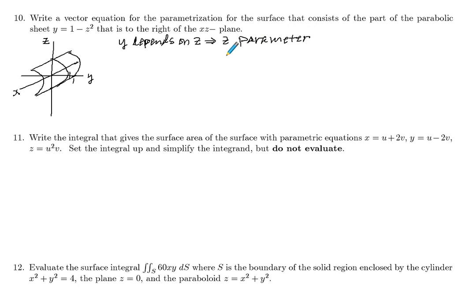And then x is left out. X has no restriction, so that's going to tell you that x is a parameter. So x will be the other parameter.